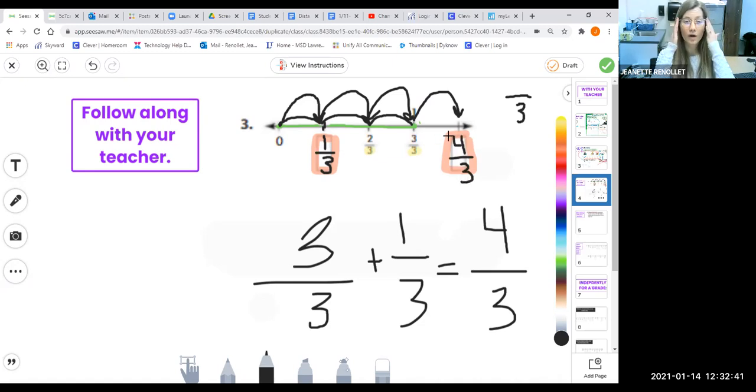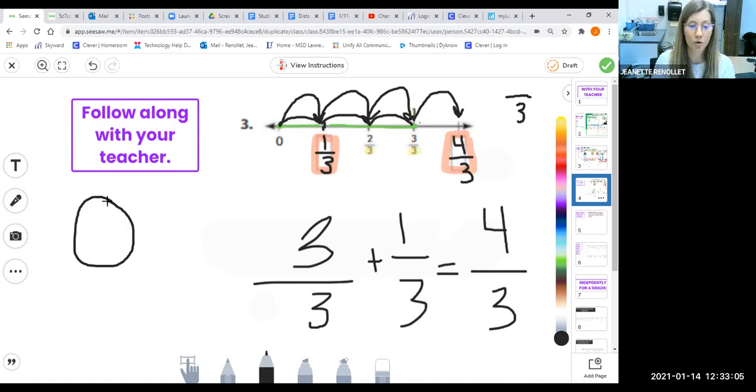I know that 4/3 is greater than 1 whole because the numerator is greater than the denominator. If there are only 3 equal parts in 1 whole, I have a whole other part. It's sort of like a model like this.